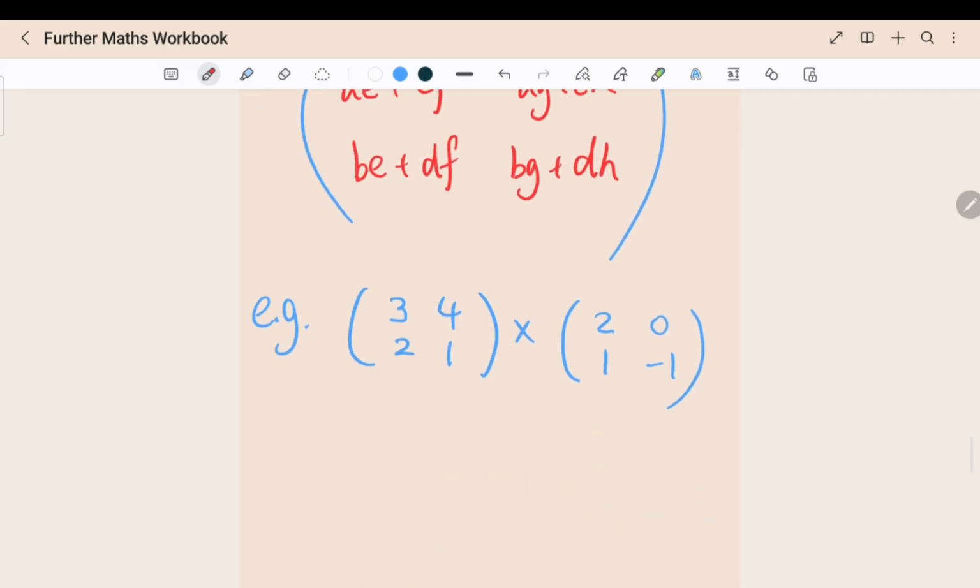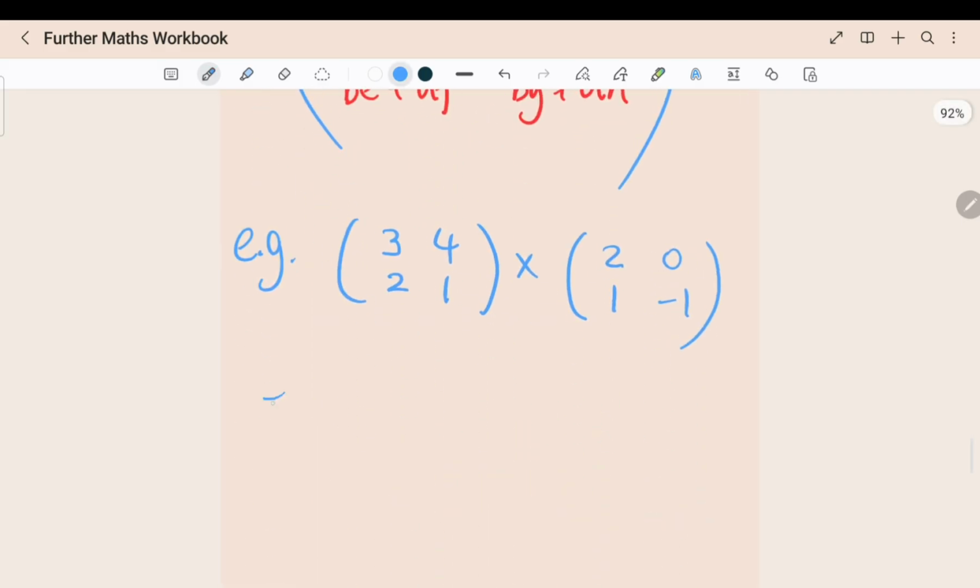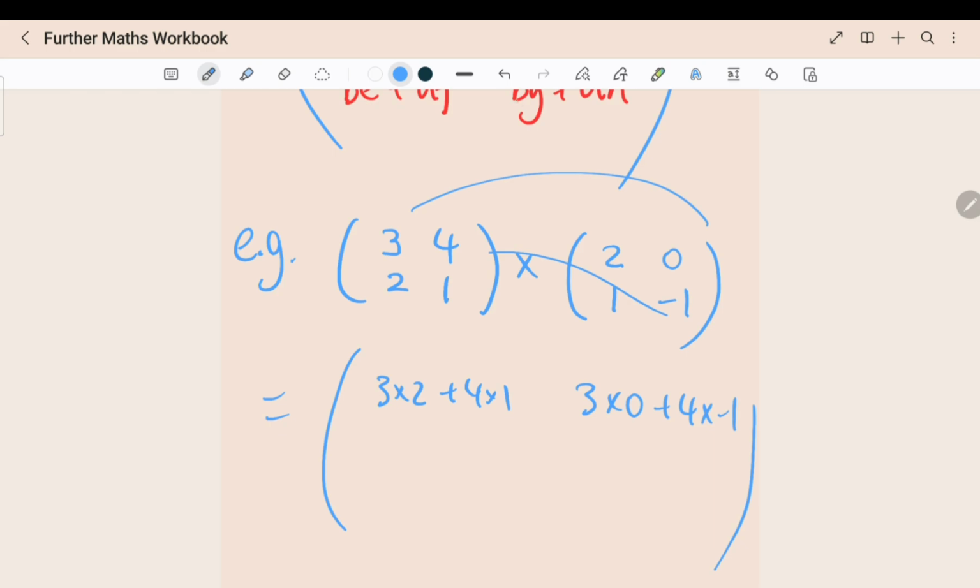So to put this into an example, when we do this, we have 3 times 2 plus 4 times 1. And then we have 3 times 0 plus 4 times minus 1. And then we have 2 times 2 plus 1 times 1.